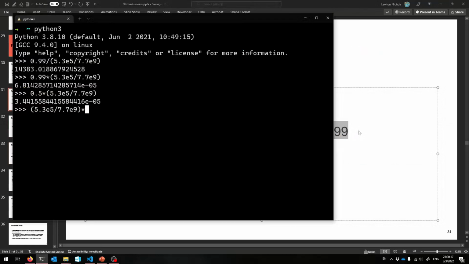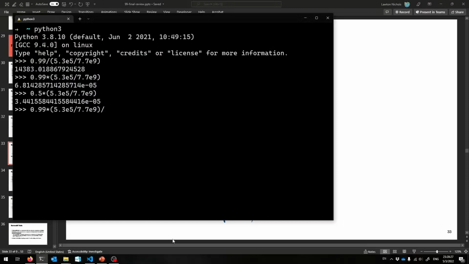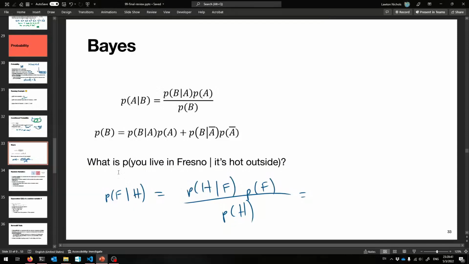We multiply that first, though, 0.99, that conditional probability, times that, and then we divide it all by the probability that it's hot outside, which we said was 0.5. That was our example. And so this is apparently 0.00013. If we multiply this by 100, we get the percentage. So it's 0.014%. So with my made-up numbers, apparently it's still very unlikely that you live in Fresno, given how many people are on the Earth. Okay?